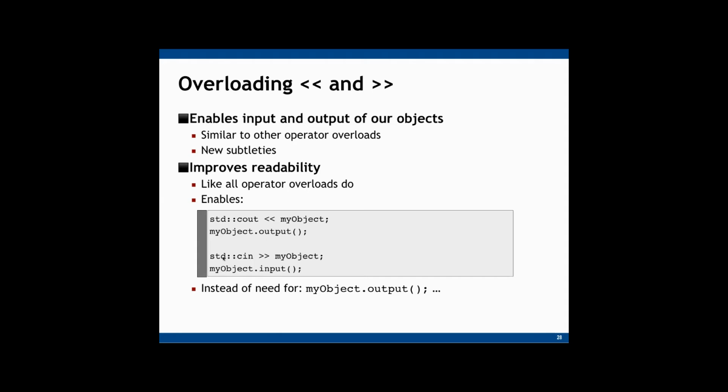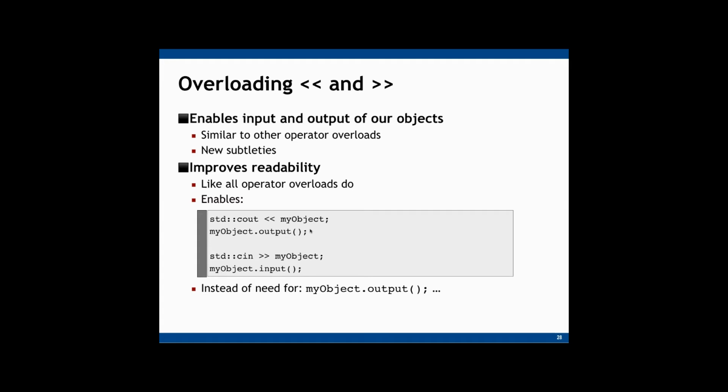For example, here my object is an object of the money class that we defined in the previous sessions. And if we overload this insertion operator in a way that it can work with the money class, then you can print the member variables by simply using the insertion operator like this.